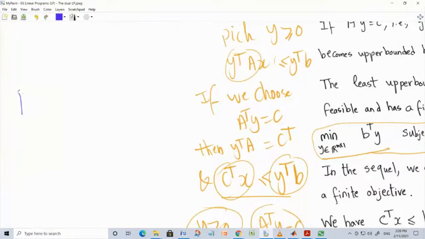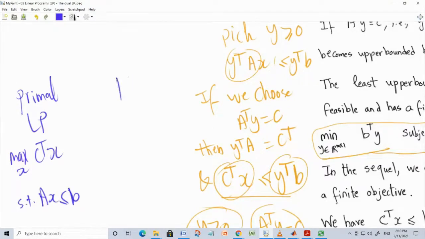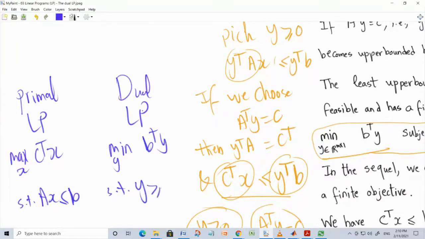So that's very important. I have a primal linear program: maximize over X, C transpose X, subject to AX less than or equal to B. And the dual linear program: minimize over Y, B transpose Y, subject to Y greater than or equal to 0, and A transpose Y equal to C. The motivation for the dual program was an attempt to upper bound what the primal objective C transpose X can reach.